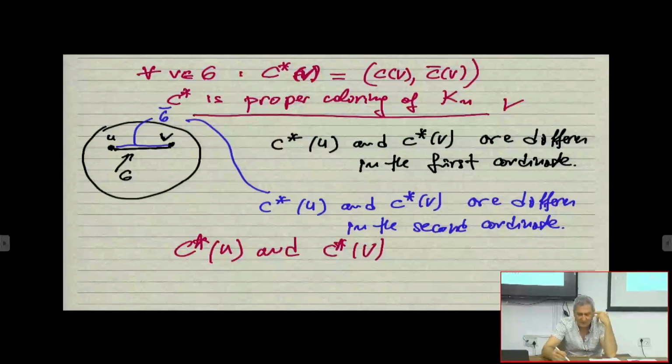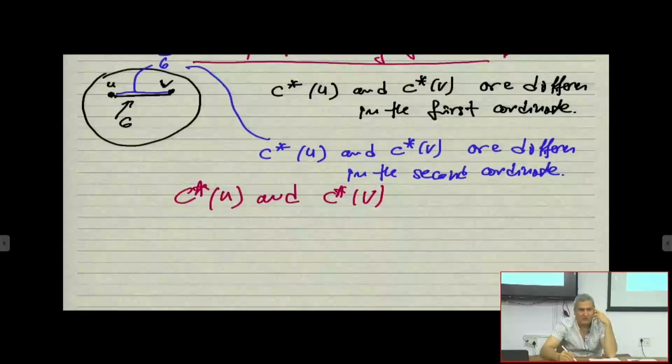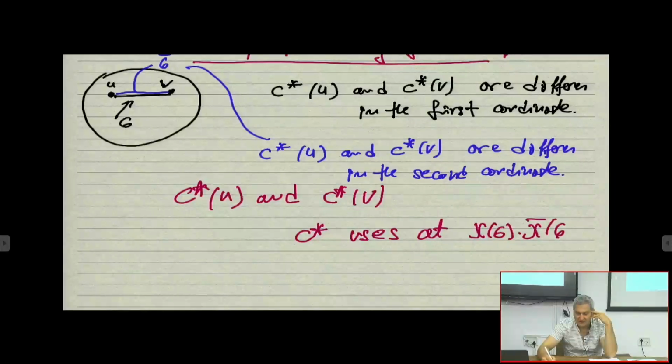How many colors do we use in this tuple coloring? So this C star uses at most chromatic number of G multiplied by chromatic number of G complement colors. The number of colors used in the first coloring, multiplied by the number of colors in the second coloring.